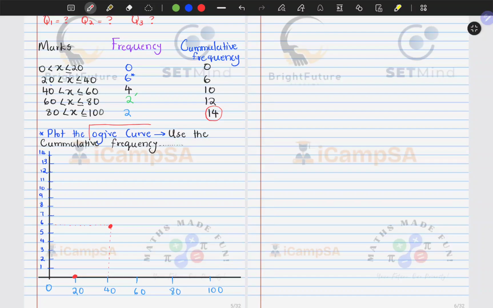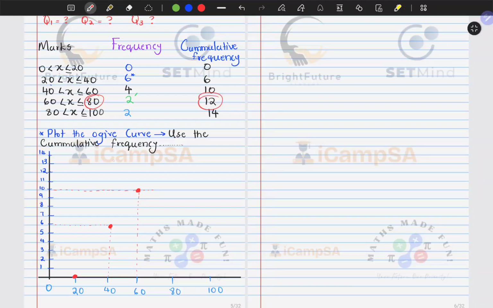This here is called your Ogive curve. And then let's go to 60. If you look at 60, we are at 10. So I'm going to go to 10, quickly draw a dashed line, then go up with 60 like that. Done with 60, now we can go to 80.